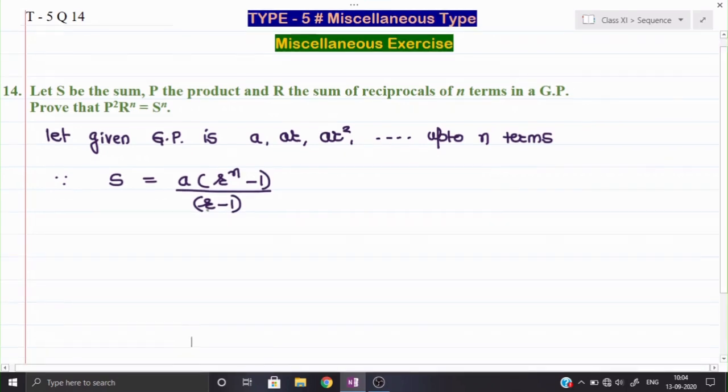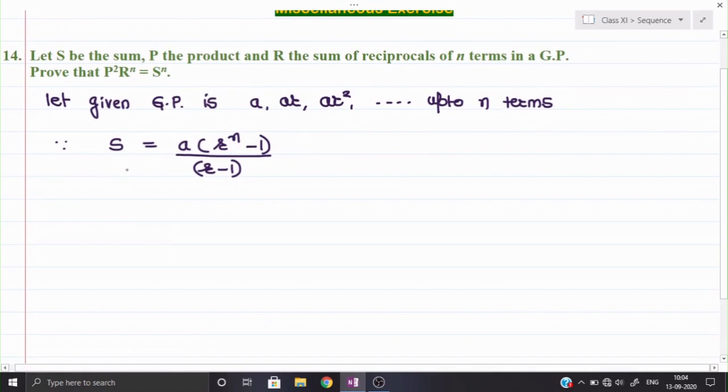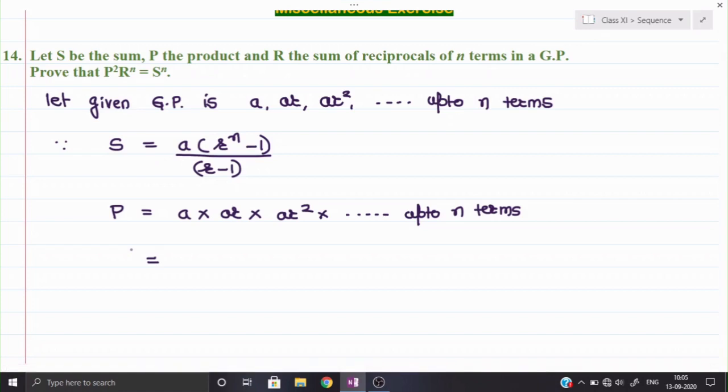P means what? The product of all terms. So P is given as a into ar into ar square and so on, also going up to n terms. Now see, if you multiply 2 three times, 2 into 2 into 2, the multiplication will be 8, and 8 you can write as 2 cube.